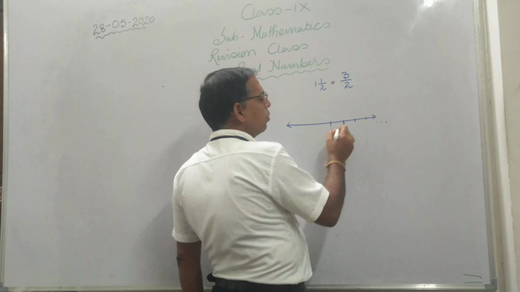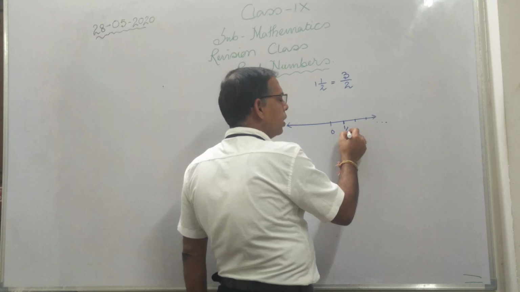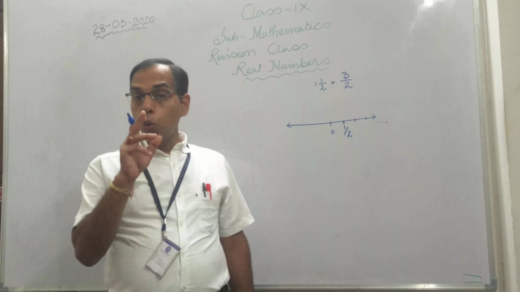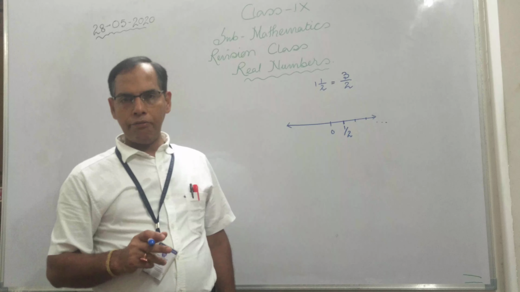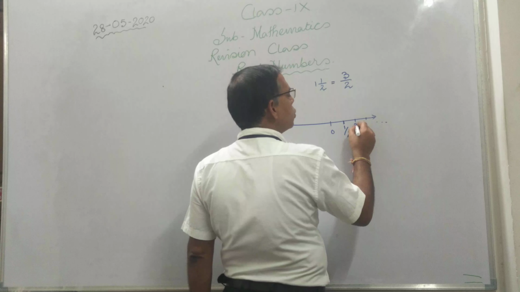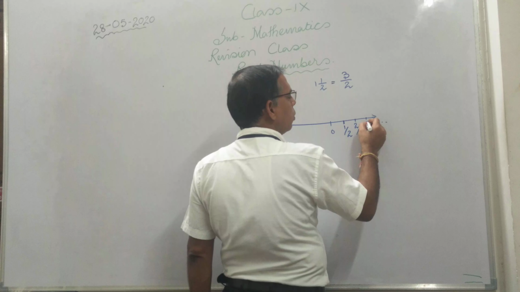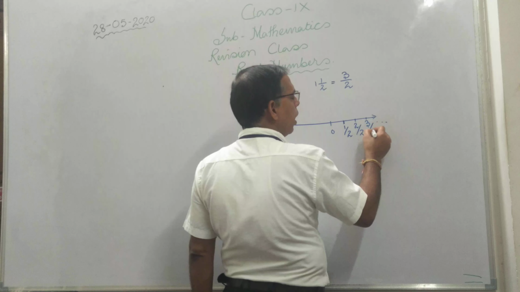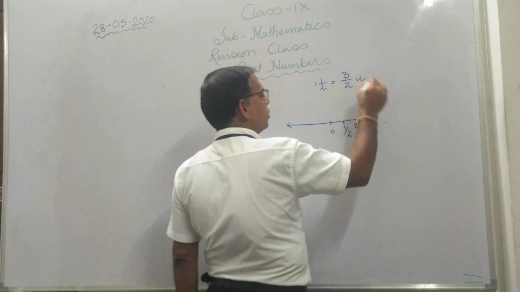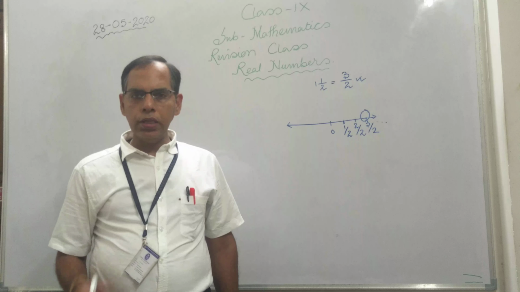Here, instead of giving 1, suppose I am taking 1 centimeter as half. 1 centimeter represents half, then 2 centimeters will represent 2 by 2, and 3 centimeters will represent 3 by 2. So this is your representation of this one.